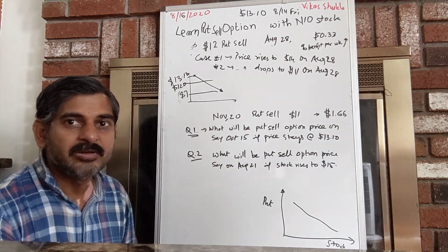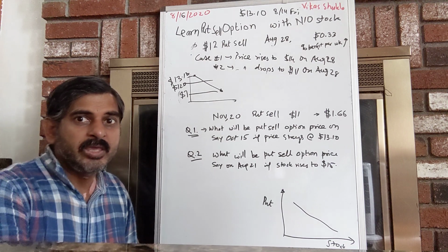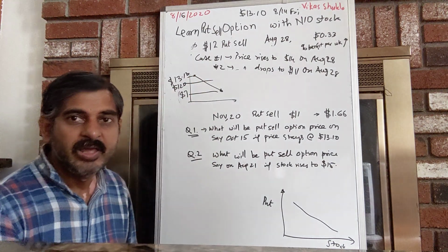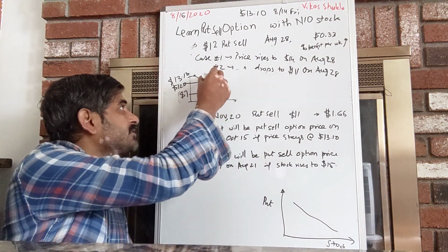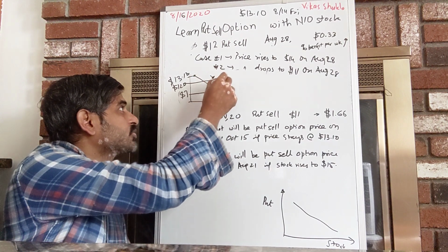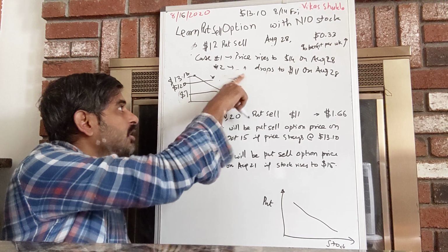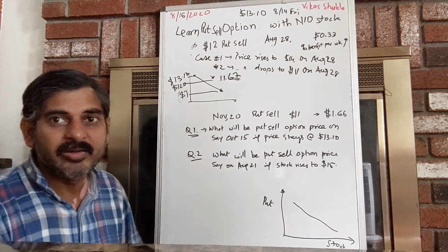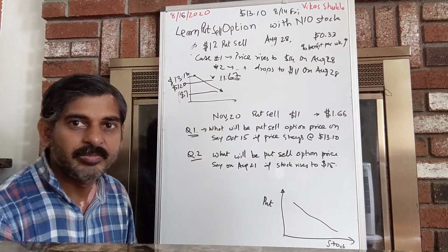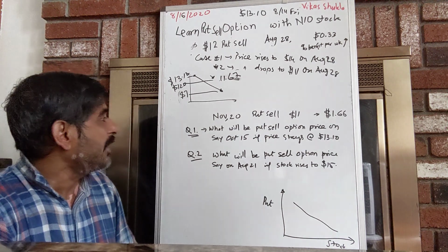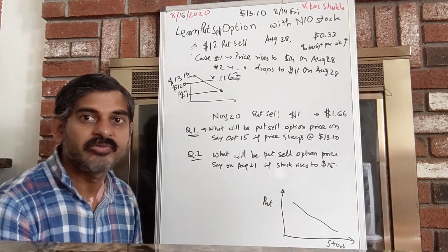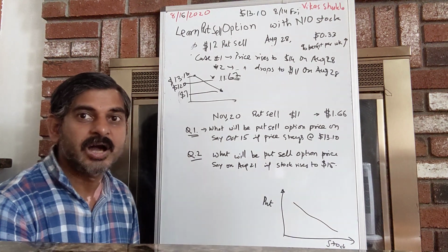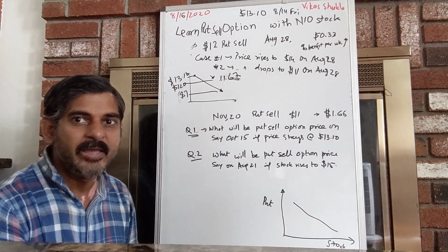Now, by paying a 33-cent premium, he can sell this stock at $12, and his effective price is 11.67. This is the net price that he will get when he sells his stock. But because the stock can go down all the way to 7, he is saved from this bigger loss. He is saved from the costs he would incur when his car crashes or when his home catches fire. So he is buying insurance.